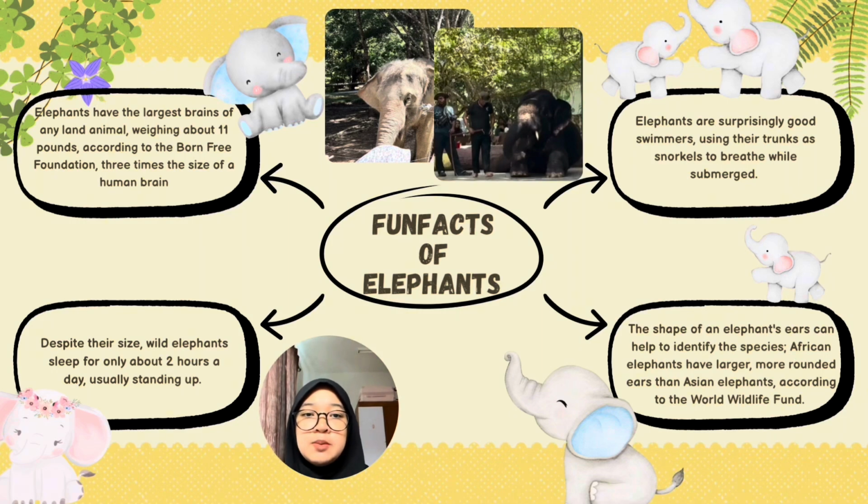This limited sleep pattern is believed to be influenced by their constant need to travel long distances in search of food and water, as well as their need to stay vigilant in potentially dangerous environments. Occasionally, they may lie down to sleep more deeply, but this is rare and usually occurs in very safe conditions.